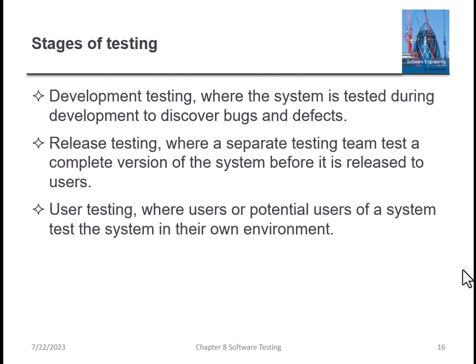During unit testing, when you test a particular piece of code or class objects, a developer finds the bugs. Release testing, where a separate testing team tests a complete version of the system before it is released to the user. And user testing, where users or potential users of the system test the system in the real environment. User testing is also called user acceptance testing or acceptance testing.